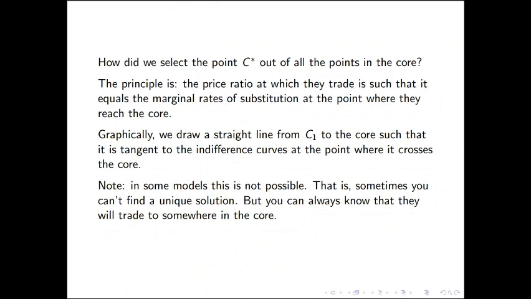And in those cases, you cannot use the argument that I just used here. But you can still always conclude that the solution is on the core. Even if we can't identify one specific point in the core and say that this is the unique solution, we can always say that the solution is in the core.